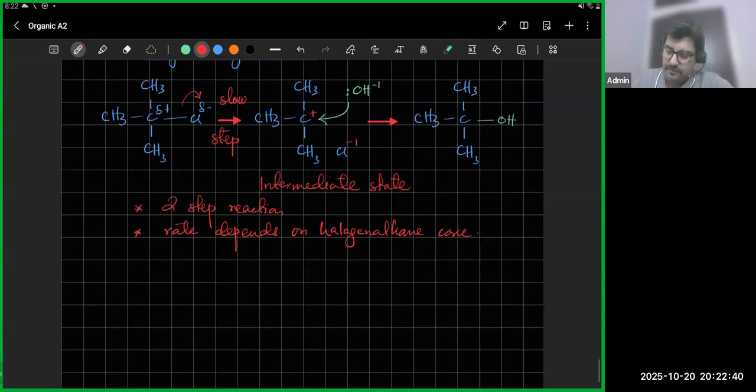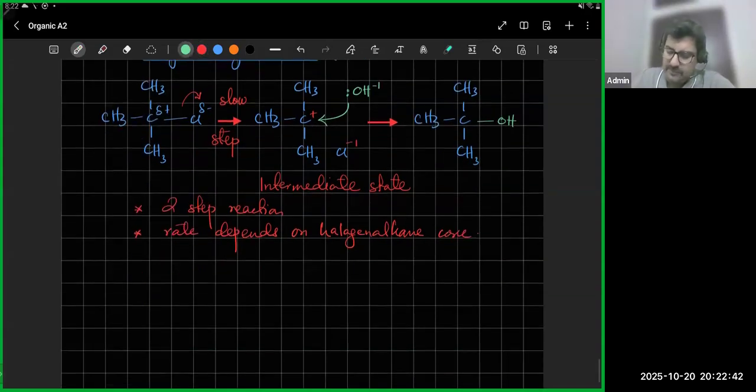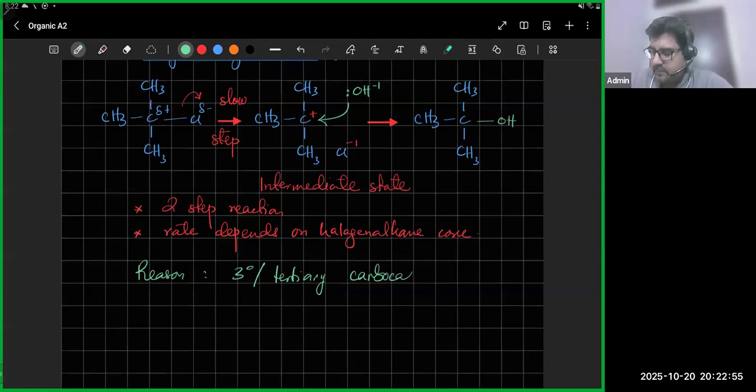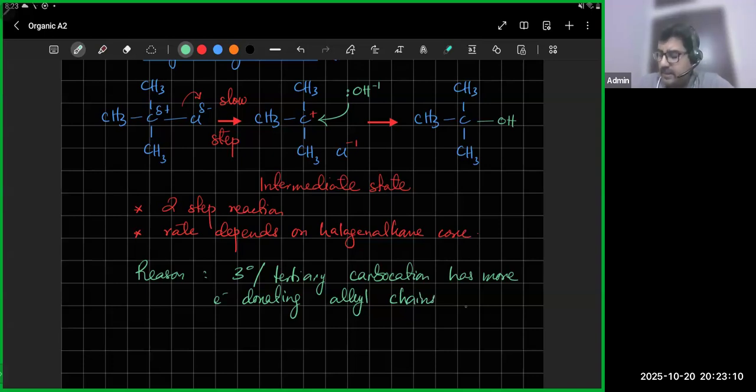And the reason for this, we're going to write the reason, which is a tertiary carbocation has more electron donating alkyl chains. So it has more electron donating alkyl chains.